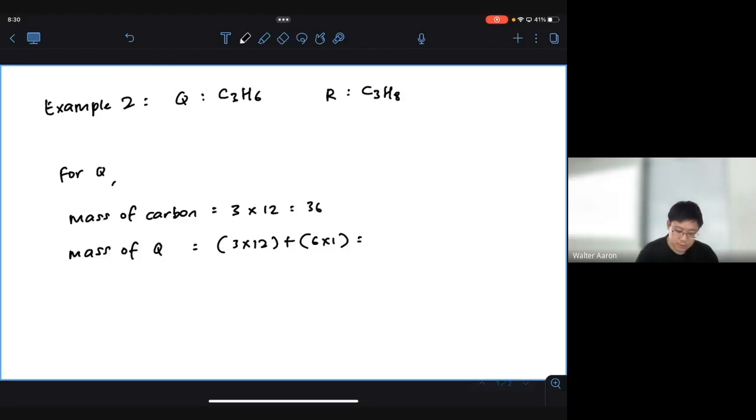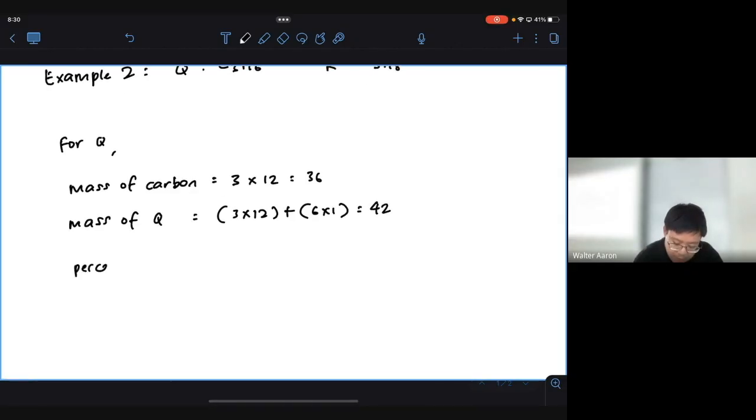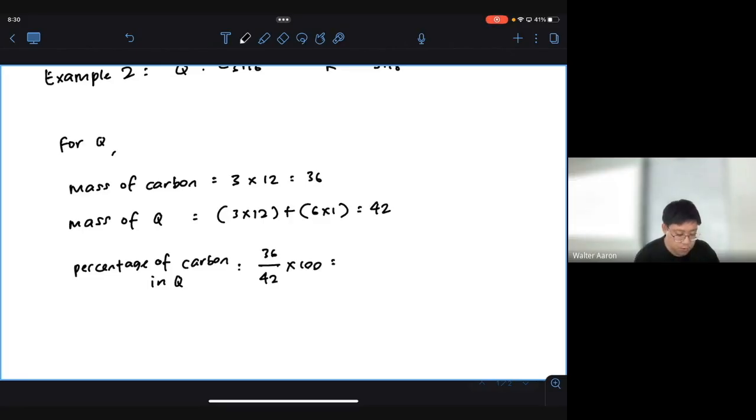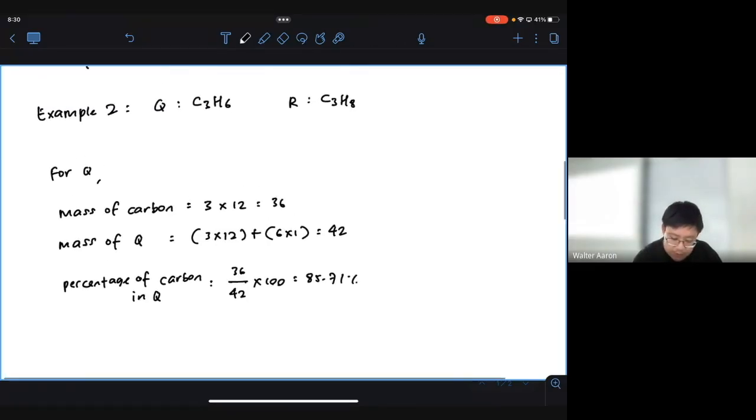That would be 36 plus 6, 42. So the percentage of carbon in Q will be 36 divided by 42 multiplied by 100. You get 85.71, which is the same thing as earlier.